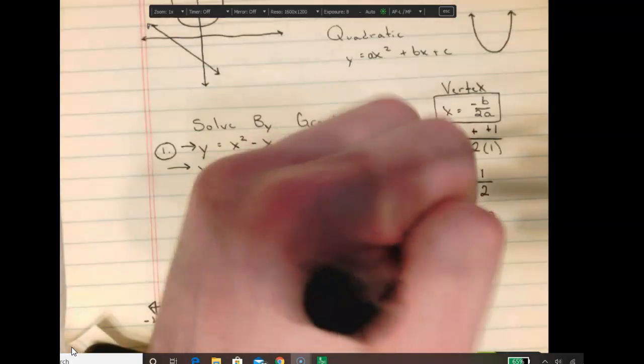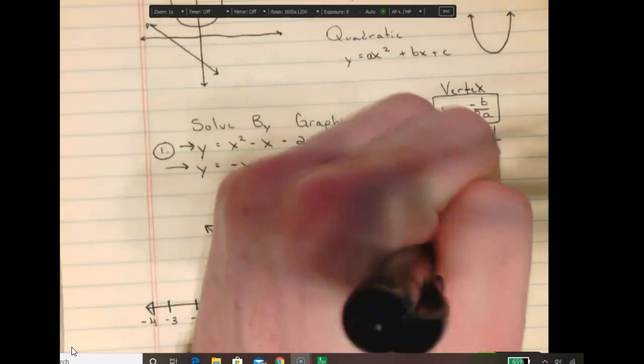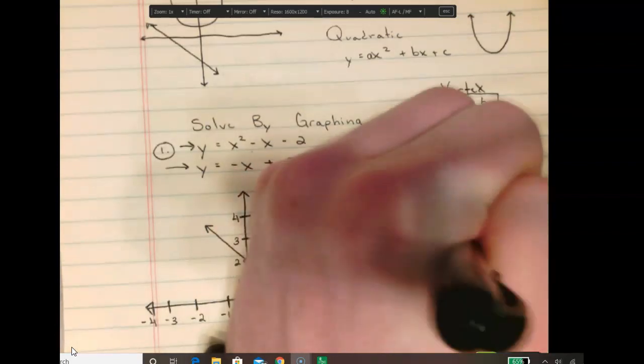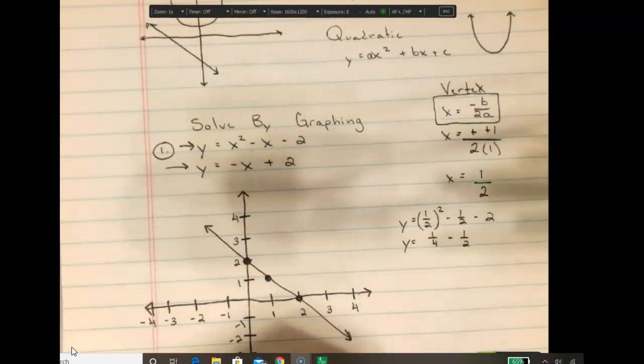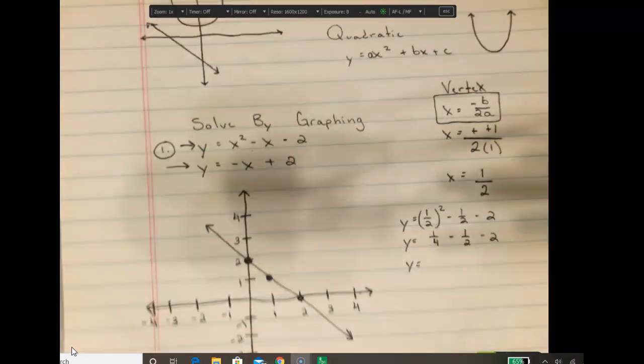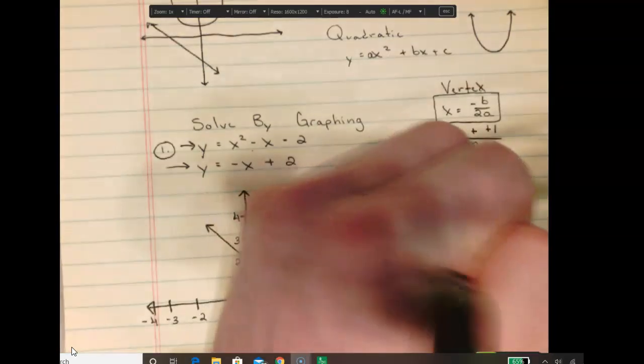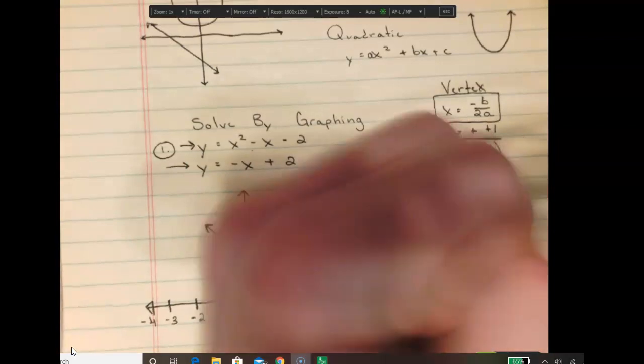Go through, you solve your order of operations. So I'm going to first take half squared. That's going to give me 1/4. It's going to be 1/4 minus half minus 2. I go through and I subtract from left to right. So I have 0.25 minus 0.5 minus 2. Y is equal to negative 2.25.